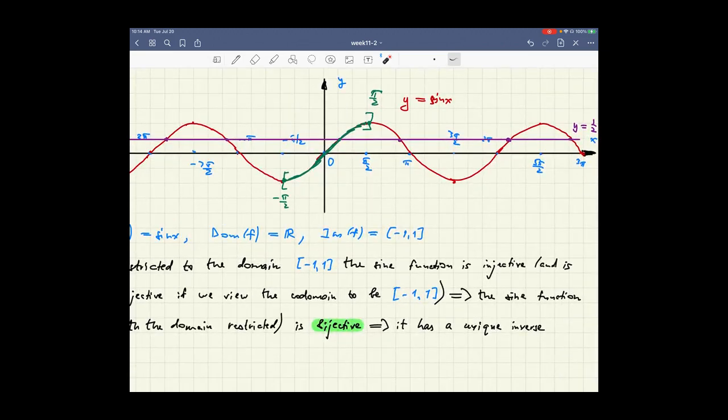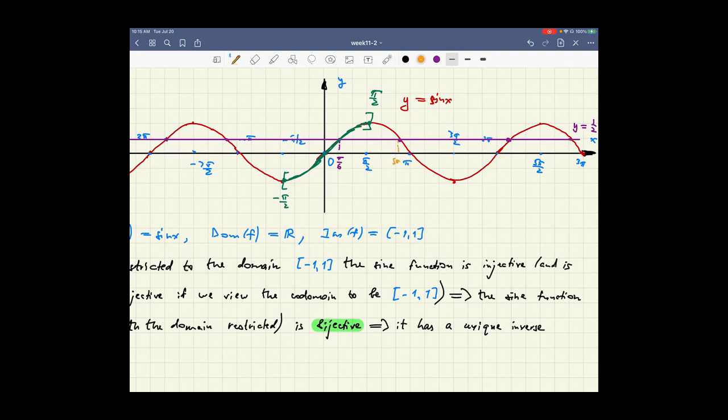For example, in my picture, the unique x in between -π/2 and π/2 whose sine is 1/2 is π/6. There are in principle infinitely many other points where sine is 1/2, excuse me.